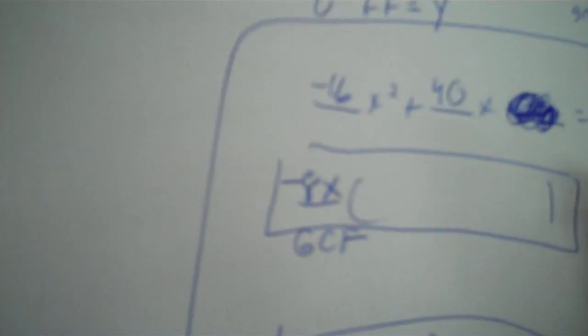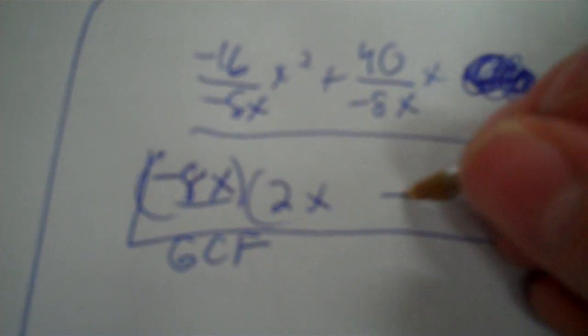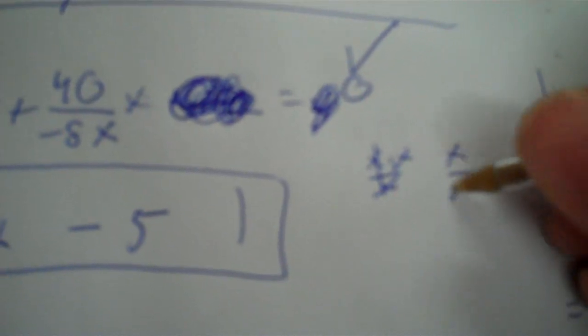So it would be negative 8x this time. So that gives me 2x, because to divide an x squared by an x, we always end up with an x remaining, and then negative 5. Then negative 8x needs to go here. Now we don't want to cross that out because now it does have x.